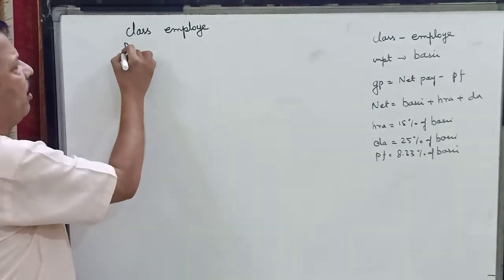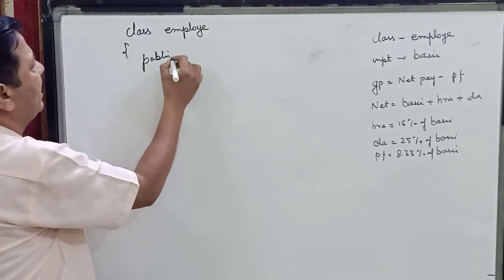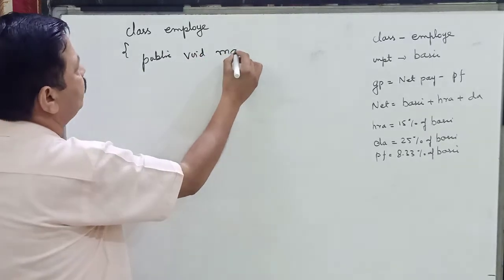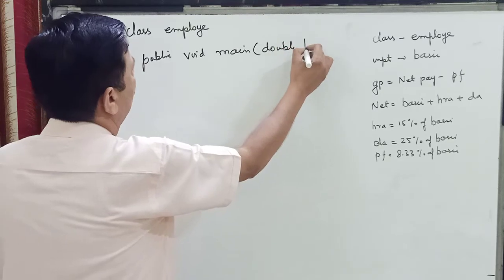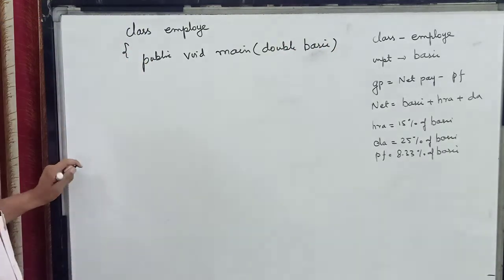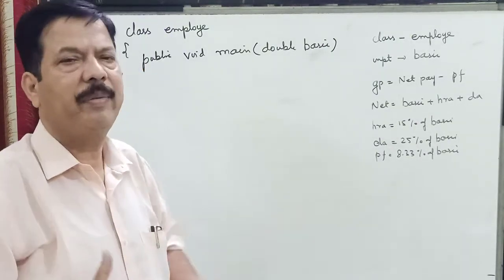So class employee, then children we have to enter a data which I can say public void main, and it is asking you to enter the value of basic in a variable basic. If this variable would have not been given, I would have taken B, because basic is a big word.